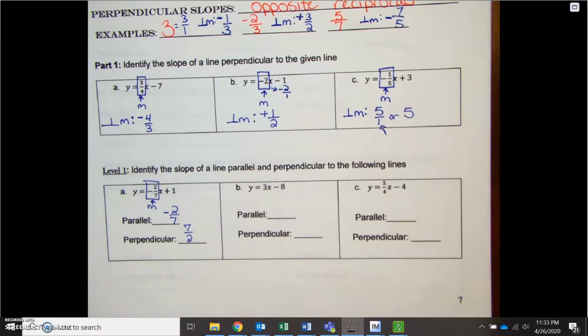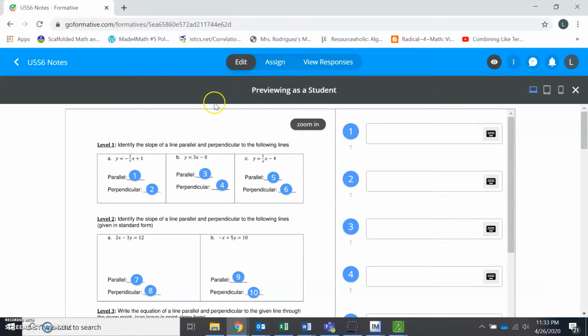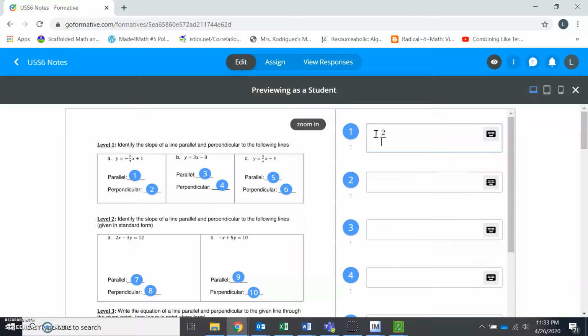Let's take a look and make sure that we know how to enter that in on formative. So here's our level 1, our parallel slope. We needed to enter it in as -2/7. Our negative button is just the key next to the 0 at top. And if you do 2 and then the same key that the question mark is, that's the /. And these should automatically change those to fractions for you. So 2/7.